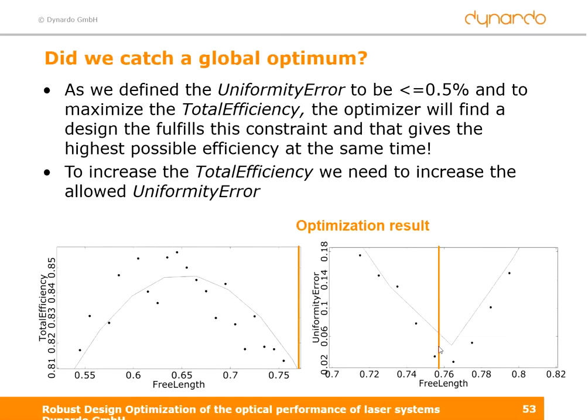So the free length that corresponds to this value gives a total efficiency of 81%. You see here in the diagram again. But you might say, okay, but I would like to achieve a higher total efficiency. But if you decrease this free length, you see here easily that the uniformity error will also increase.